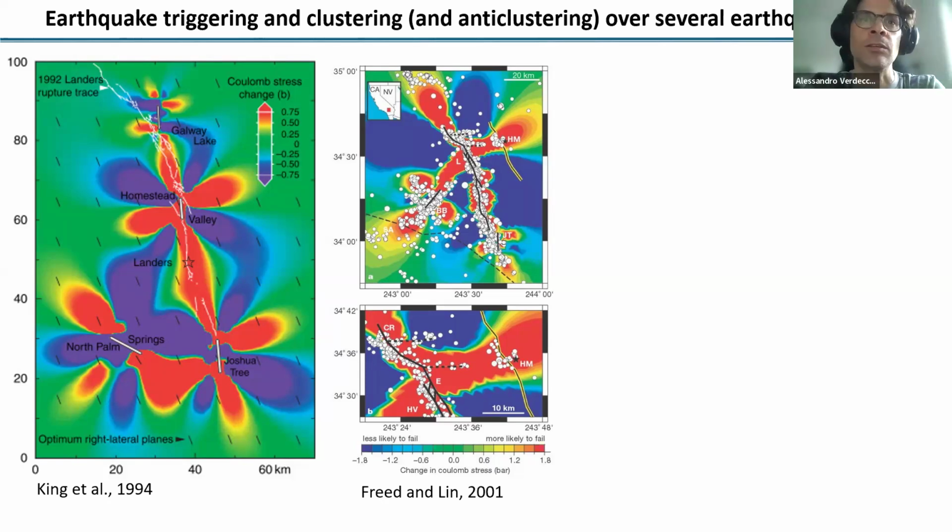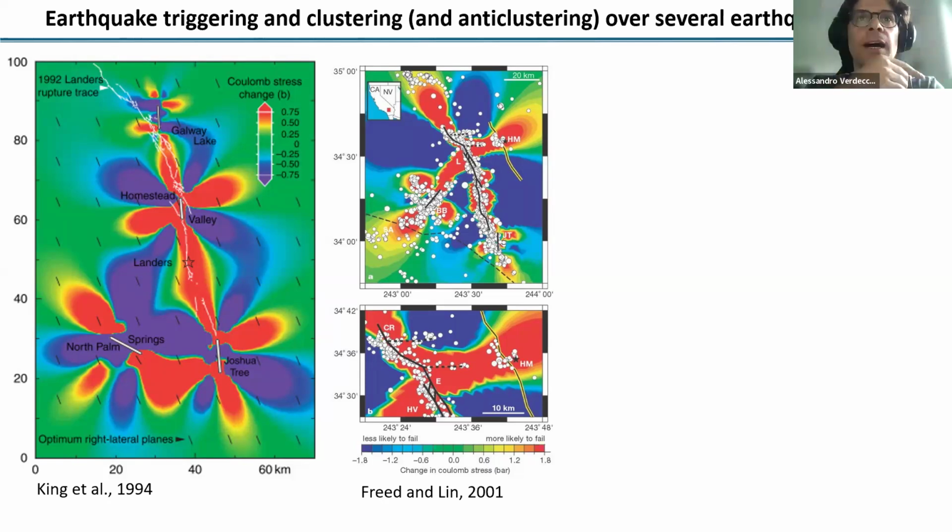Our spatial scale goes to several kilometers, even 100 kilometers of distance between faults, and the temporal scales go to tens or even hundreds of years. Now I want to go to even larger temporal and spatial scales, mostly larger temporal scales. So I'm going to talk about earthquake triggering, clustering, and anti-clustering. We'll see what it is over several earthquake cycles.